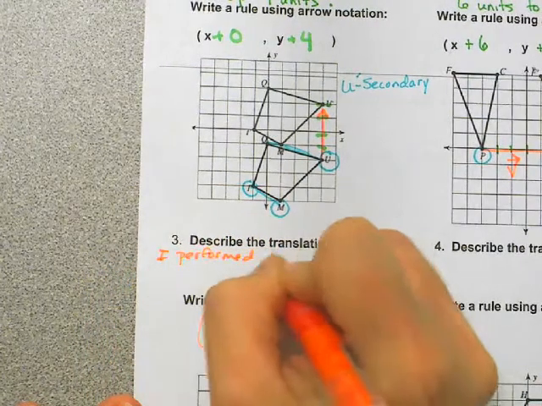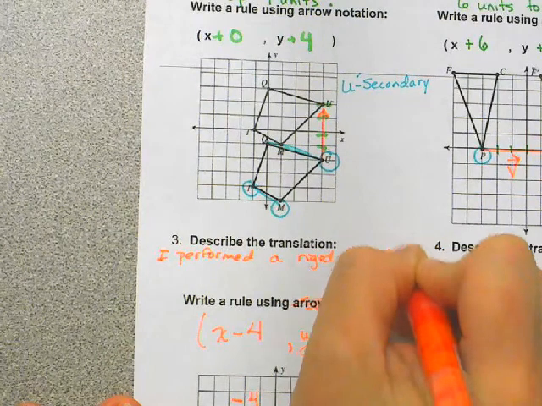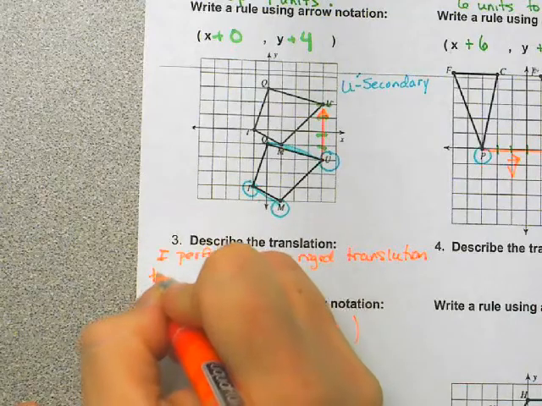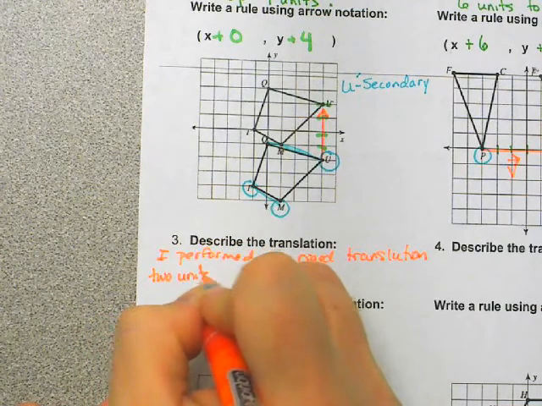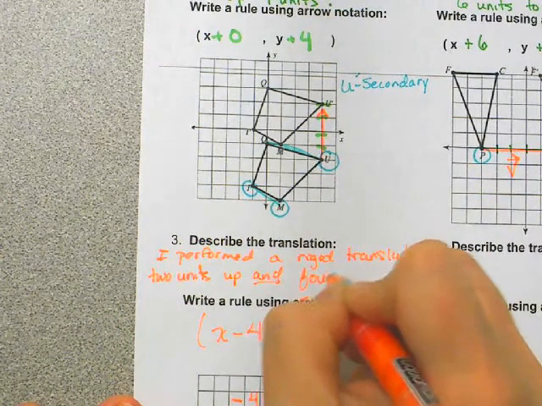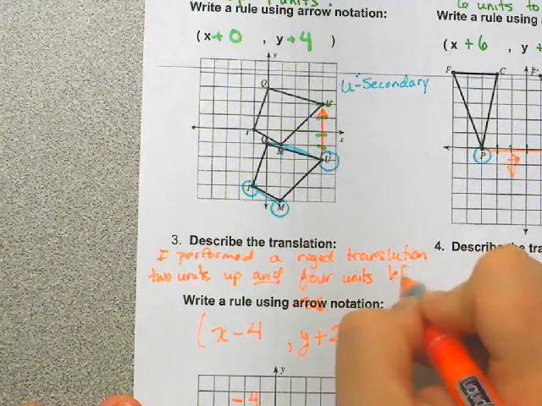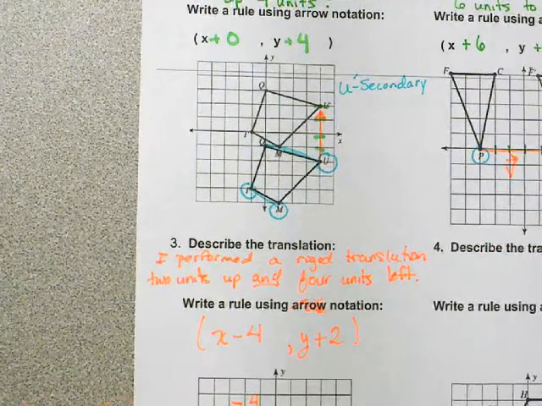I performed a rigid translation 2 units up and 4 units. Which way did I go? Left.